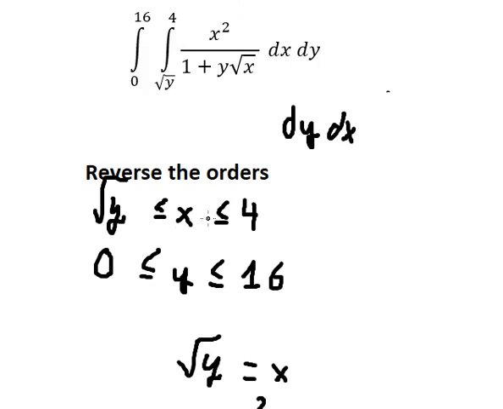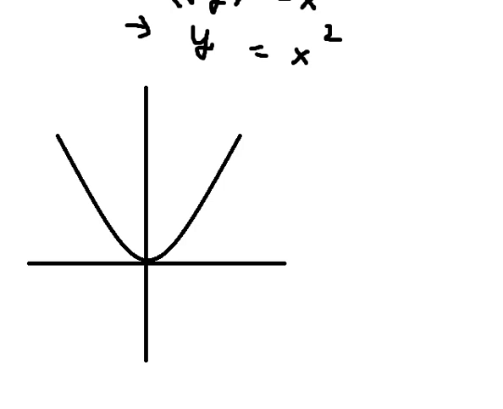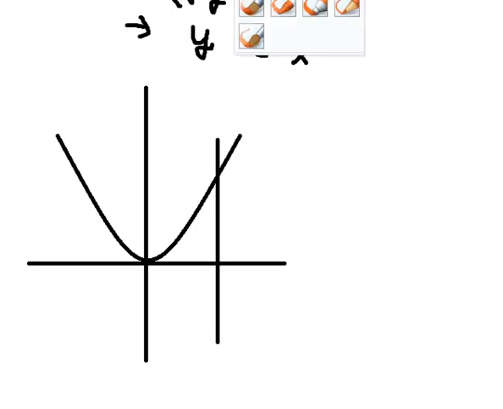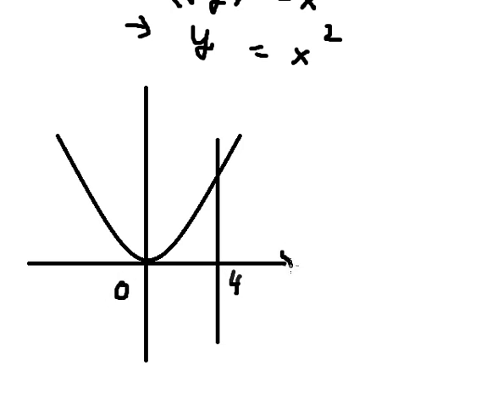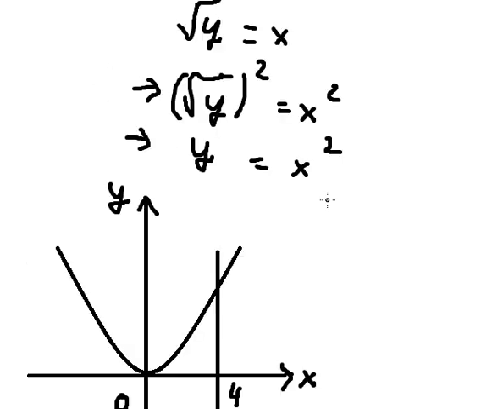We know that x is smaller than or equal to 4, so 4 should be here.